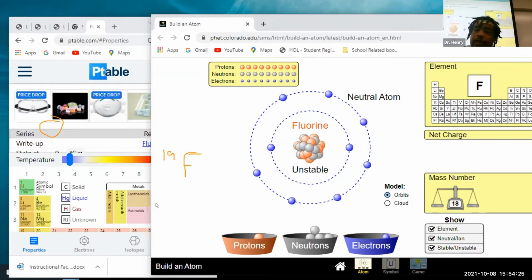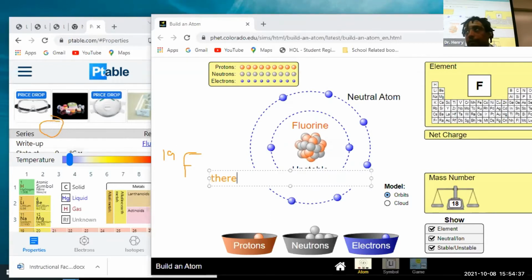So that means that in this case, there's only one isotope. So I would write down there is only one stable isotope. Okay, that's it. You see how that works?